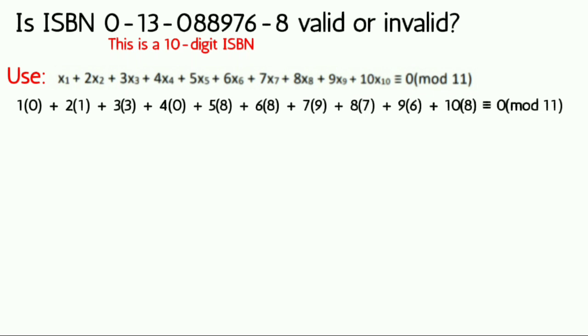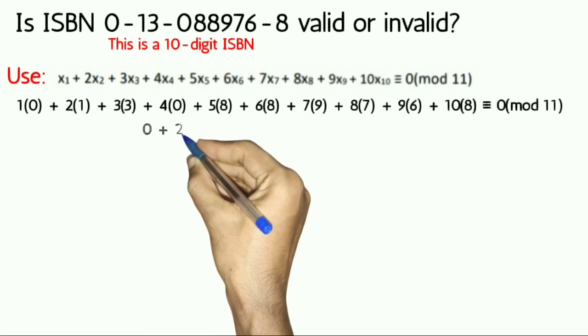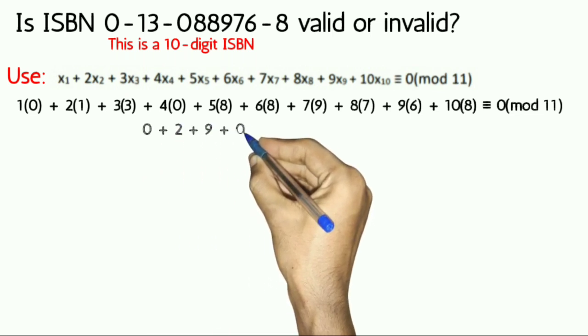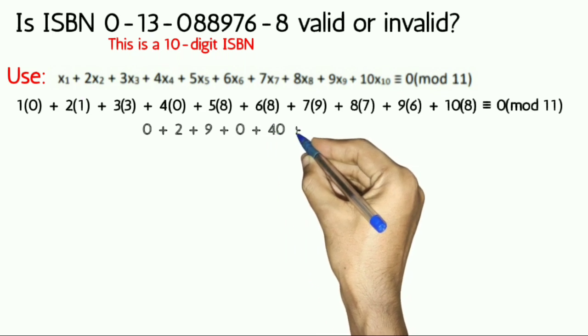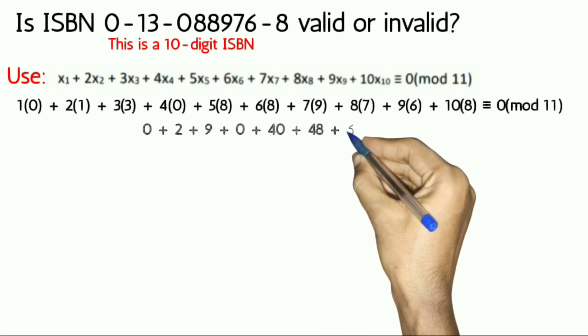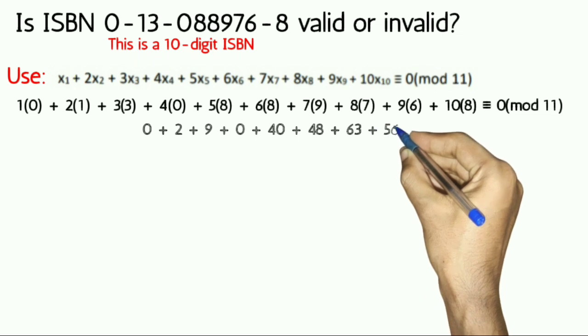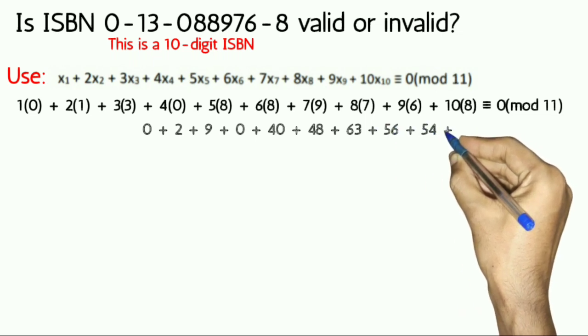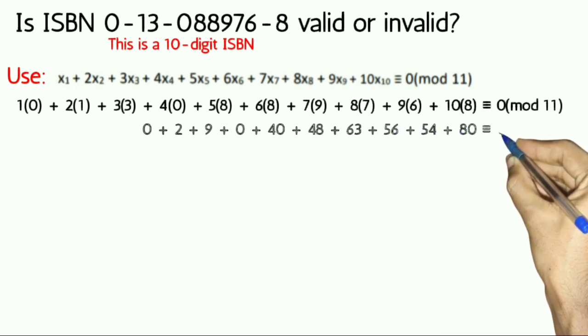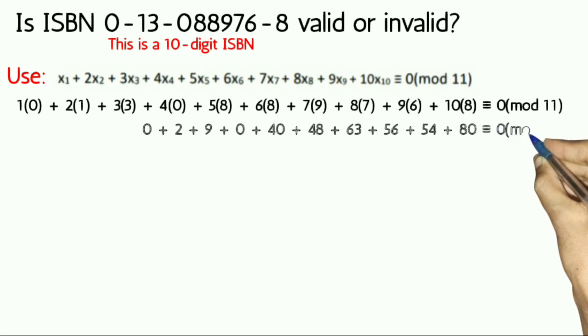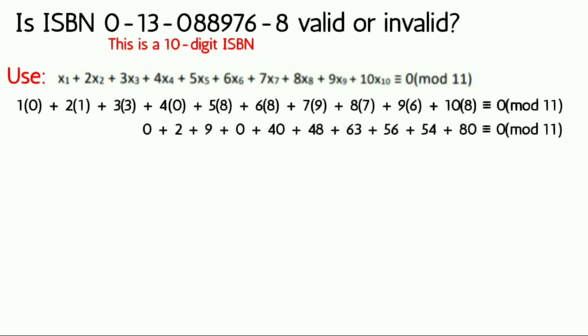That will become 0 plus 2 plus 9 plus 0 plus 40 plus 48 plus 63 plus 56 plus 54 plus 80 is congruent to 0 mod 11. Now, let's calculate the sum or get the sum. Kung yung sum ay divisible by 11, valid ang ating ISBN.